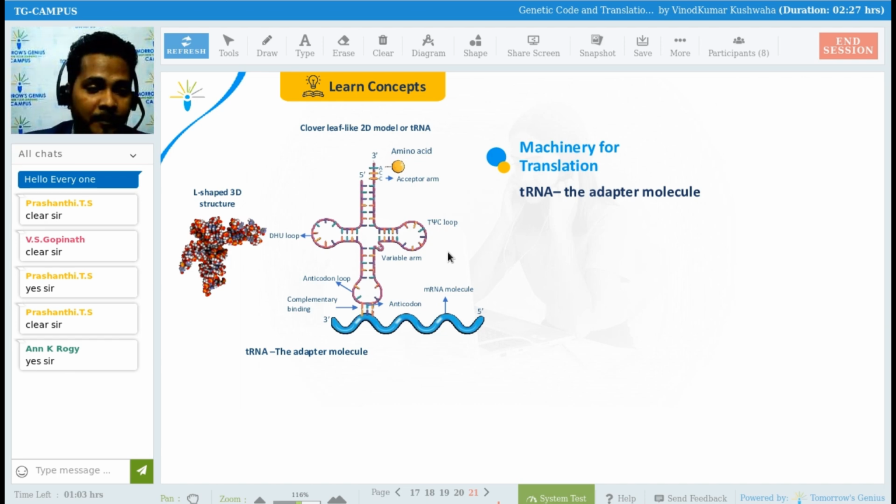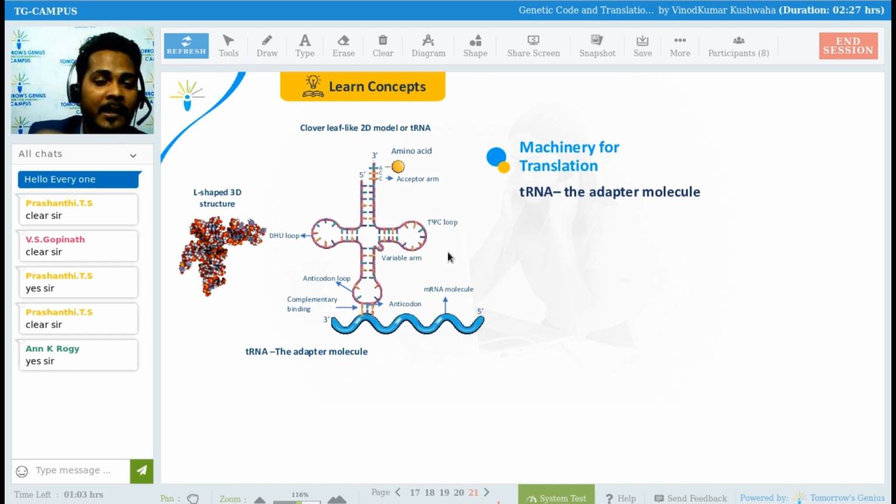So yes, tRNA plays a very major role. You can see here they are transfer tRNA. You know the meaning of tRNA, it's transfer, or simply we can say soluble RNA, which picks up the particular amino acid in the process that is called charging. That means when this tRNA picks up a particular amino acid, it is going to be charged.